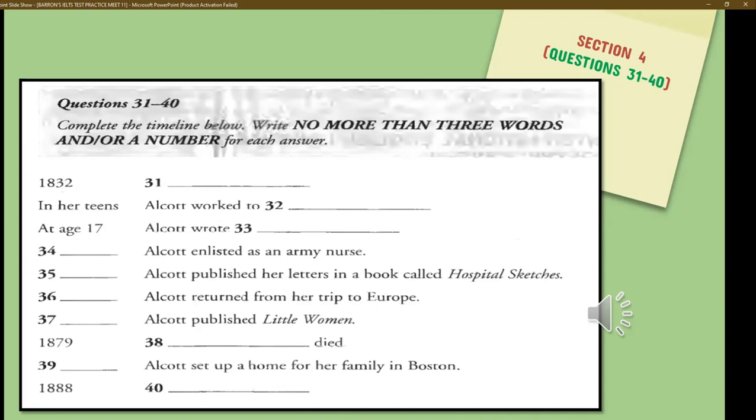Now listen carefully and complete the timeline in questions 31 to 40.